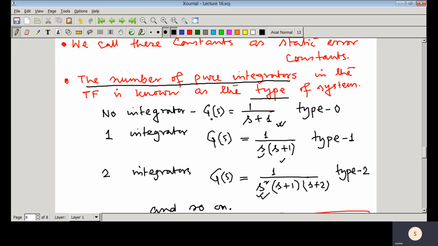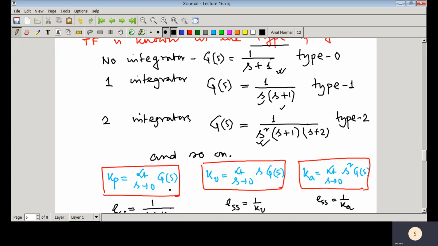And if you take the limit, what is Kp? Kp you can see here is limit s tends to 0 of Gs. So if you have a Gs like this, then Kp would be 1 in this case, or if you have, say, Gs equal to 1 by s plus 2, then limit s tends to 0 of Gs would be equal to half.